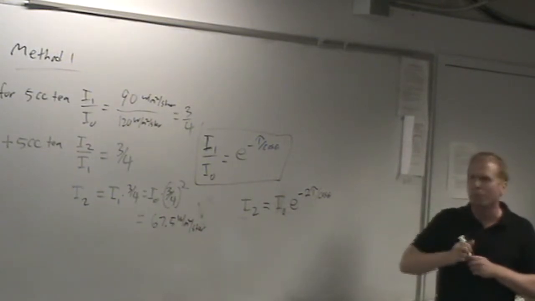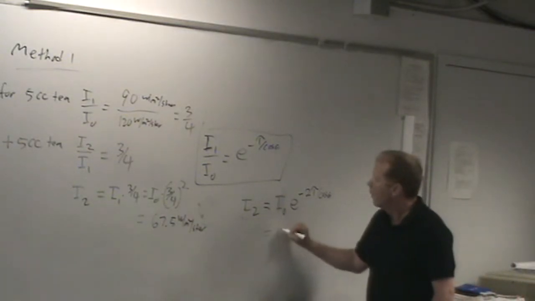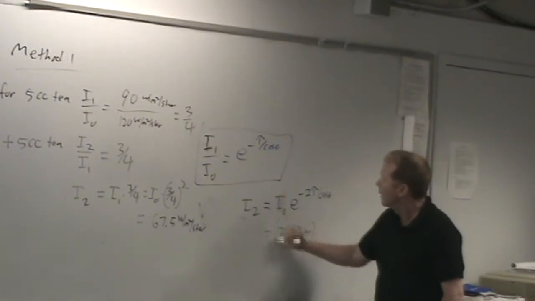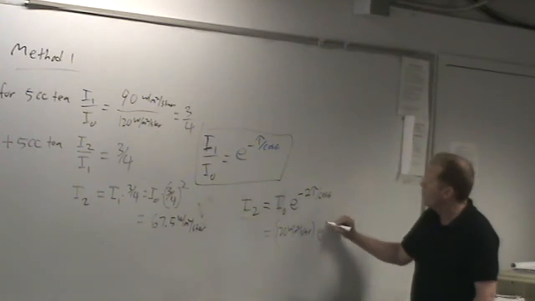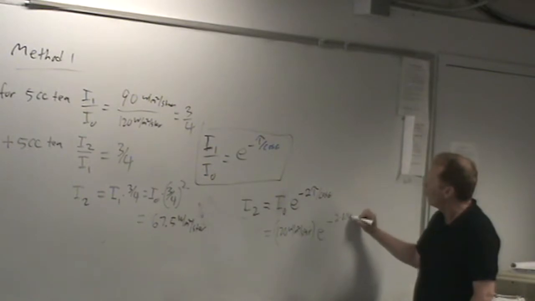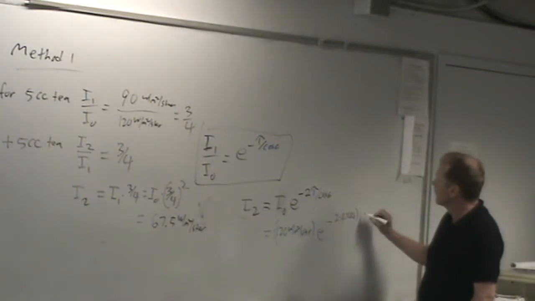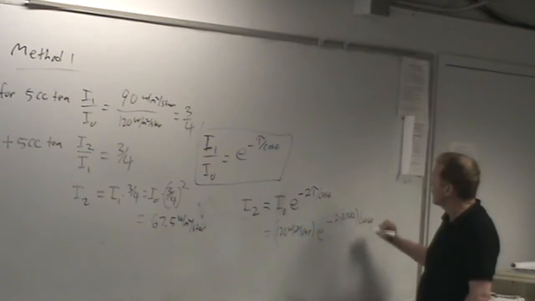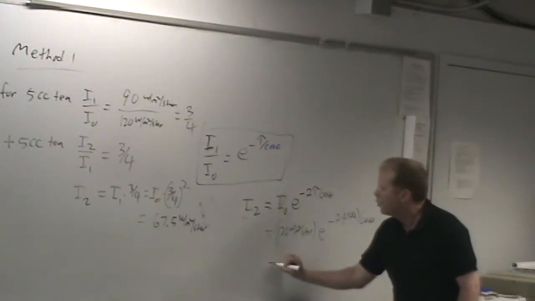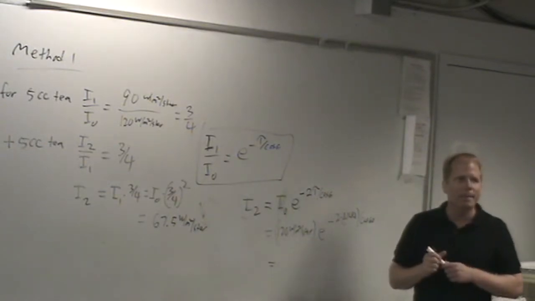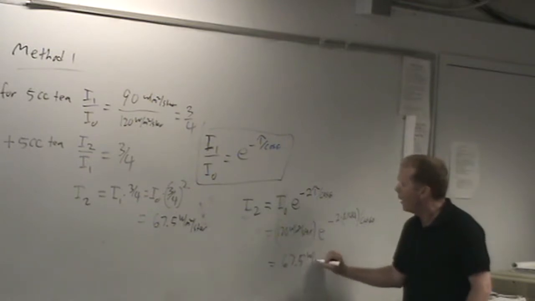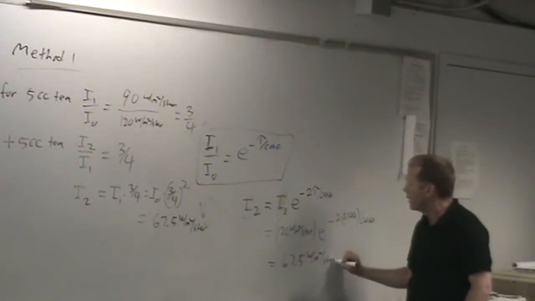I've added twice as much. So 120 watts per meter squared per steradian times e to the minus 2 times 0.144 divided by cosine of 60, 0.5, yeah. And if you do all of that, you know what you end up getting? Same thing. 67.5 watts per meter squared per steradian.